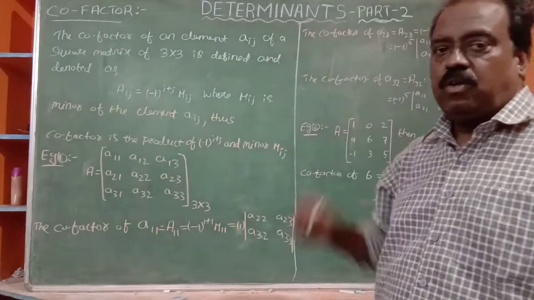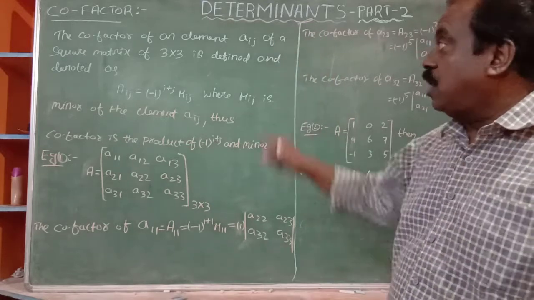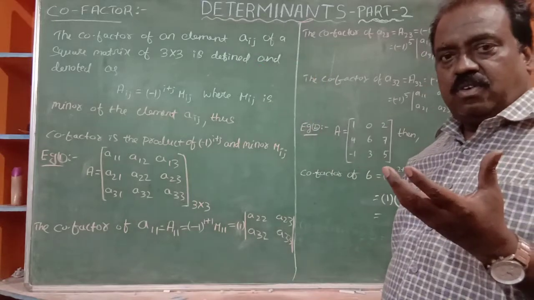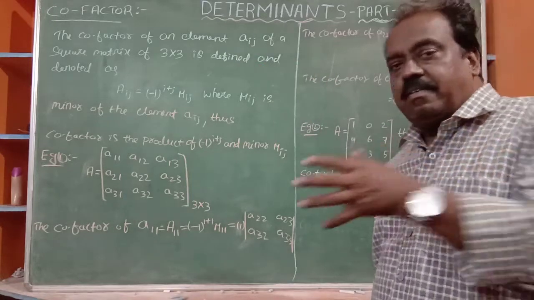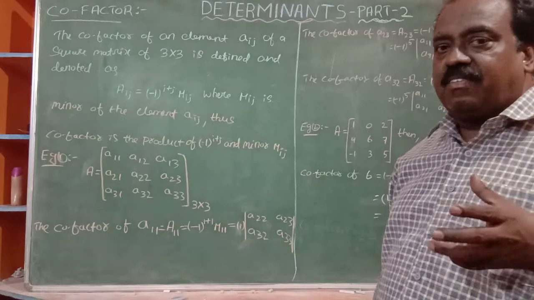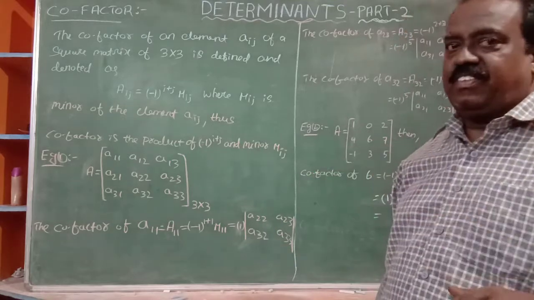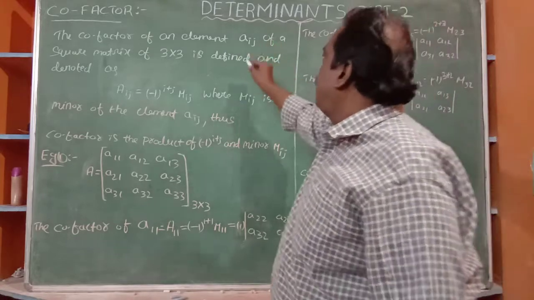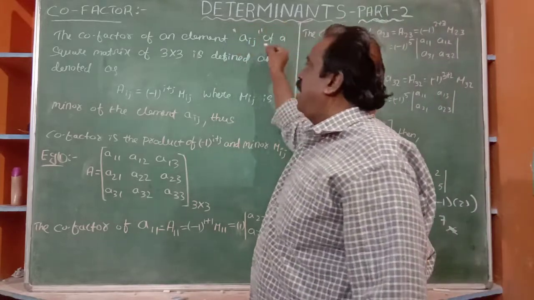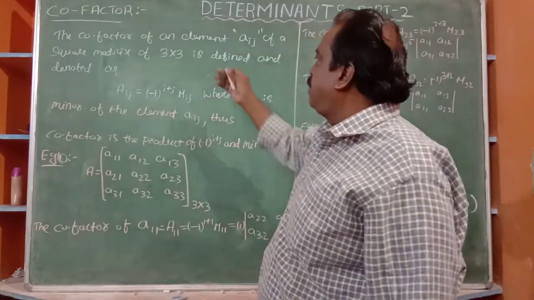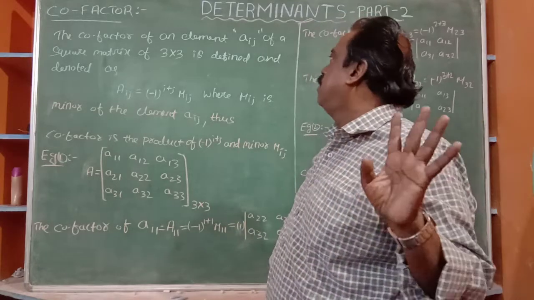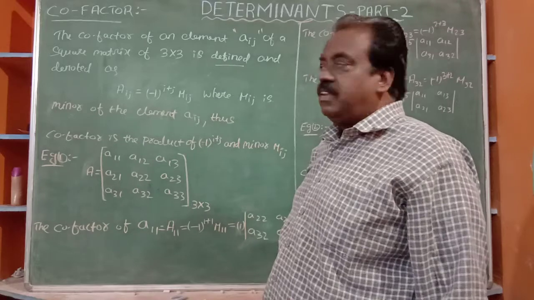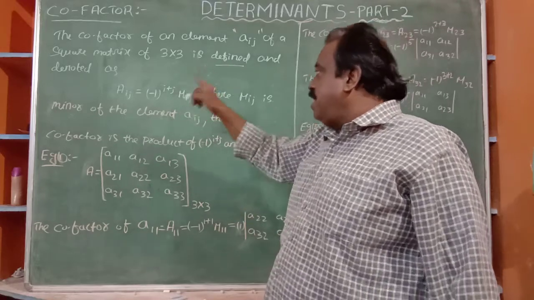Now, cofactor. The cofactor of an element is also not related directly with the matrix. It is related with the element, just like minor. The cofactor of an element Aij of a square matrix of 3 by 3 only, is defined and denoted as capital Aij.